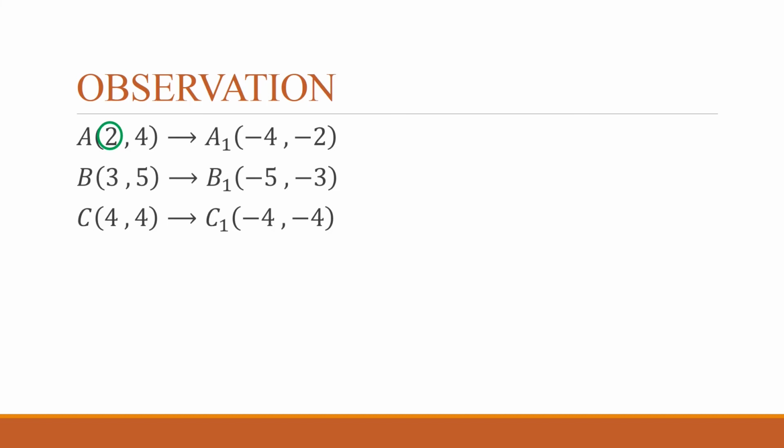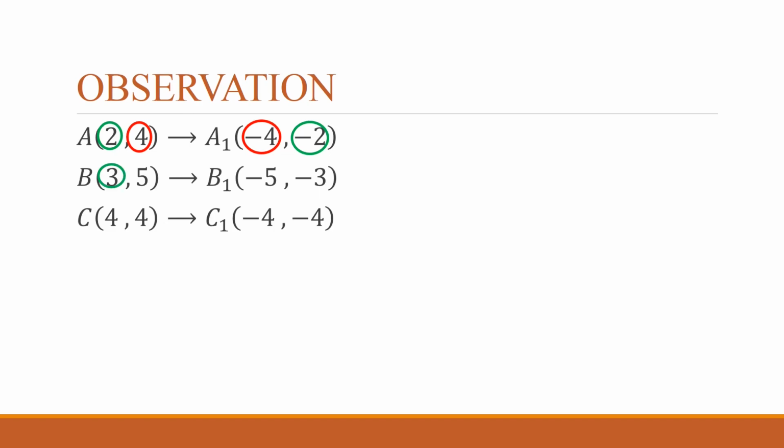And so you observe that the x-coordinate of the first point became the y-coordinate of the image point. This time around, it became negative. And the y-coordinate of the object point also became the x-coordinate of the image point, also negative this time.